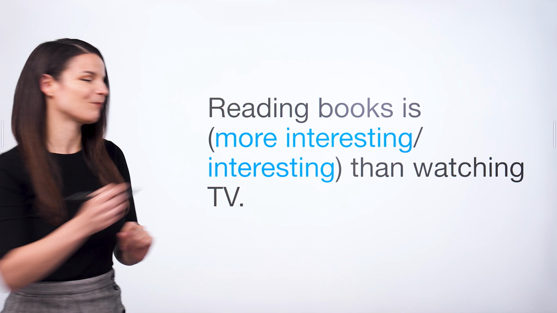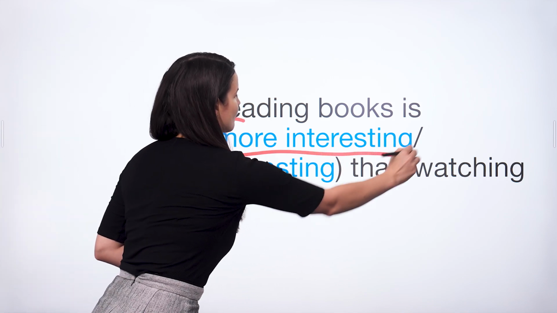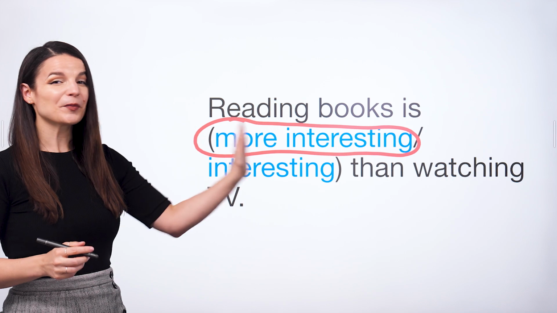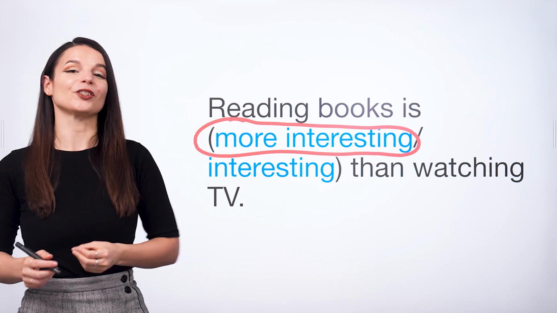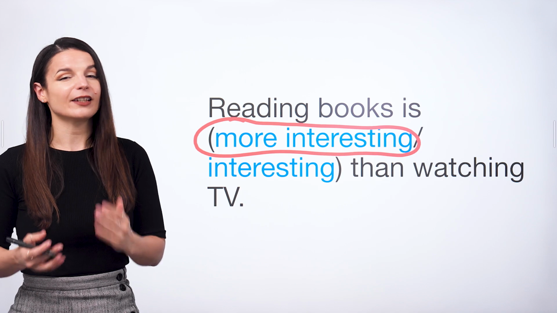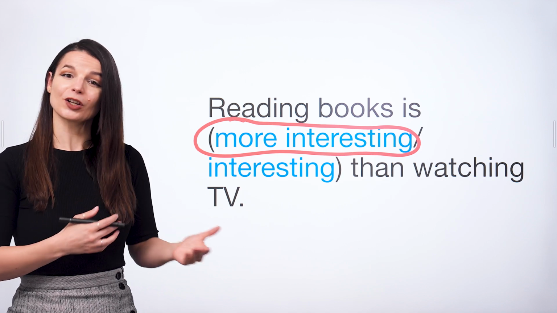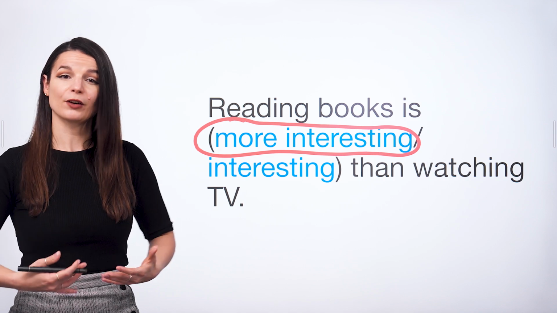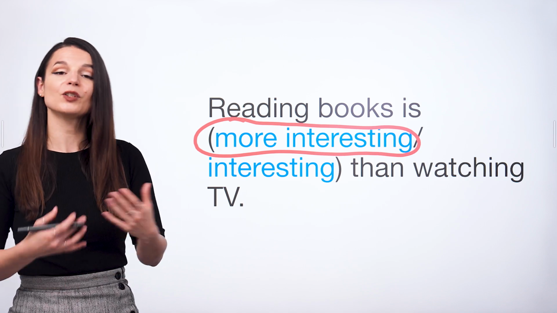More interesting. Reading books is more interesting than watching TV. Without more, the adjective interesting isn't comparative, and so it doesn't work in the sentence. We need to use more interesting to form a comparison between reading books and watching TV.